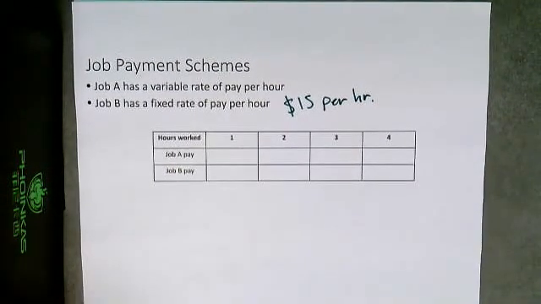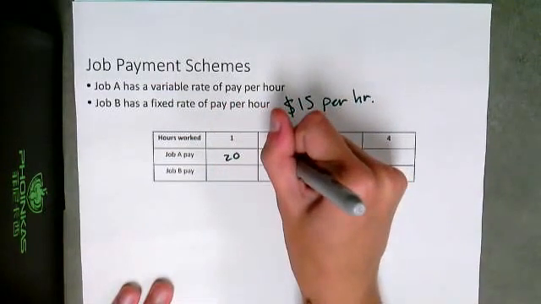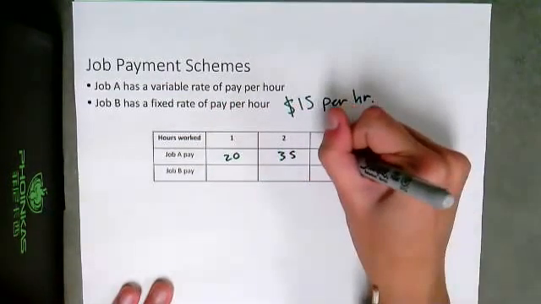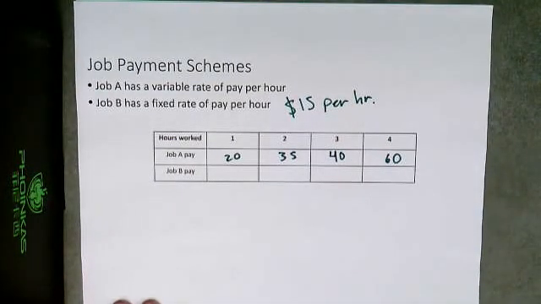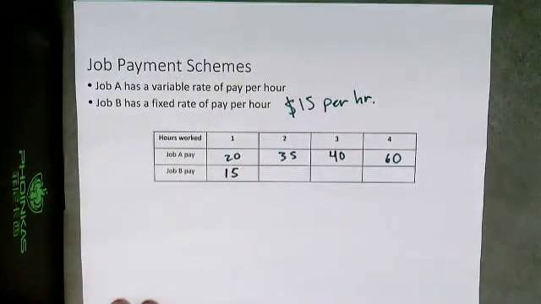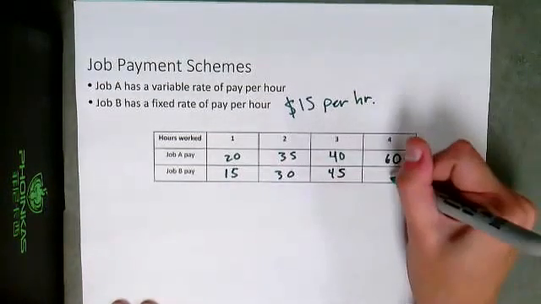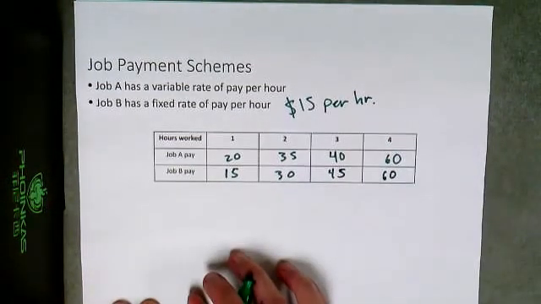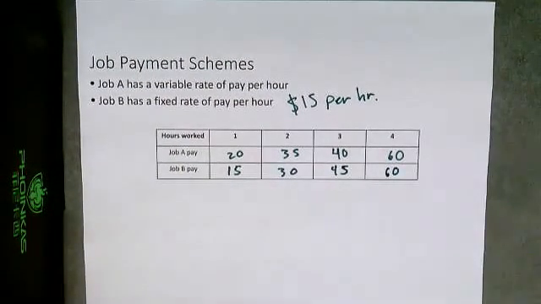Job A, well, it's a variable rate of pay, so it's going to change every hour or so. So let's say it works like that. Job B, it's $15 per hour, right? So it's going to be changing by $15 each hour. Right? All right, so there's a way to describe both of these functions.